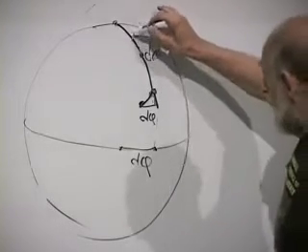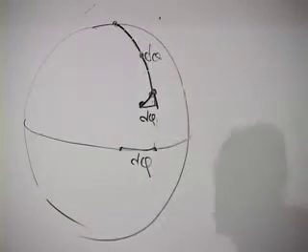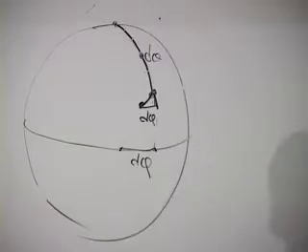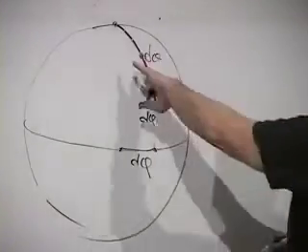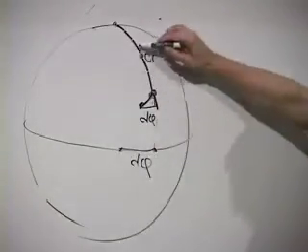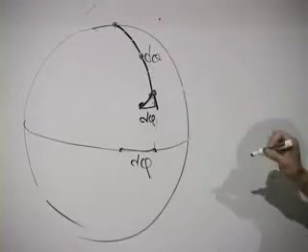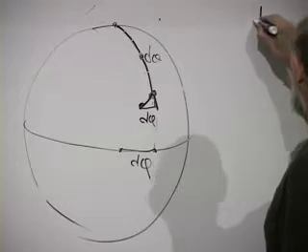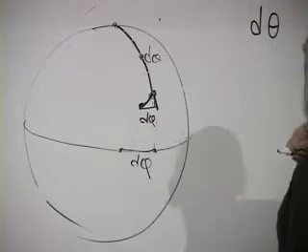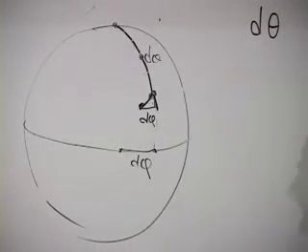And it doesn't matter where you are, the same number of radians corresponds to the same distance. So, for the unit sphere, the arc distance along the d theta direction is just d theta.